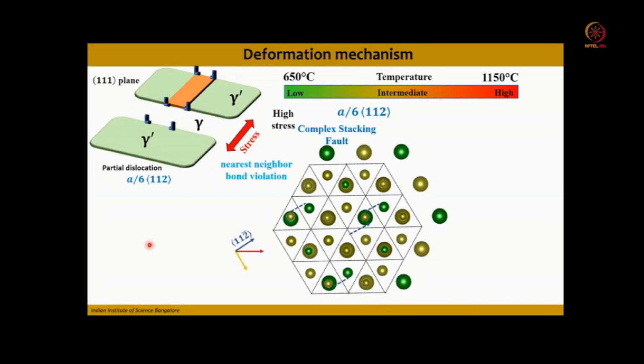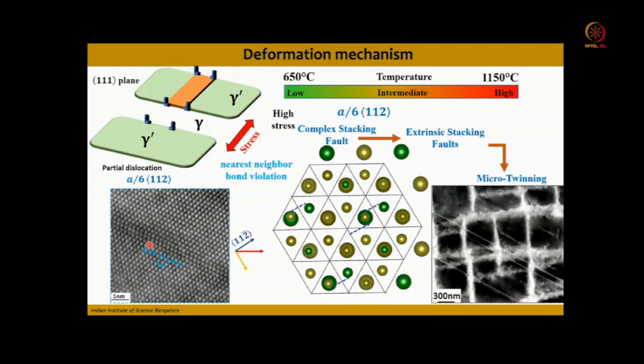This high energy can lead to the complex stacking fault converting to the extrinsic stacking fault by a reordering step, which was proposed by Kolbe long before, in the 1970s. Okay, and this formation of extrinsic stacking fault usually acts as an embryo for the microtwinning mechanism. Okay, so during creep deformation, the creep strain can be accumulated by the formation of extrinsic stacking faults and microtwinning, and also the intrinsic stacking faults.